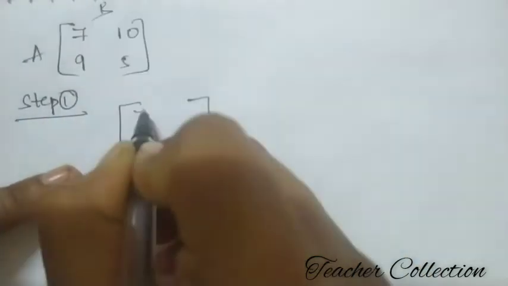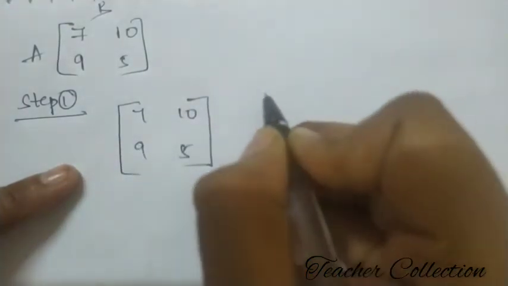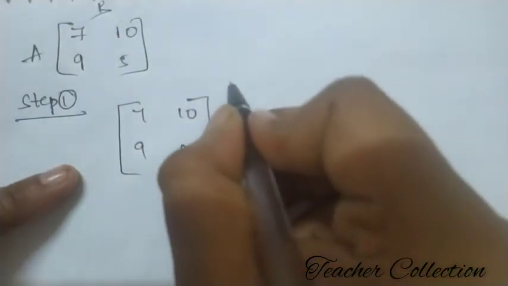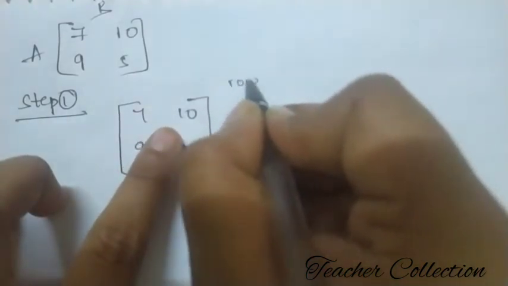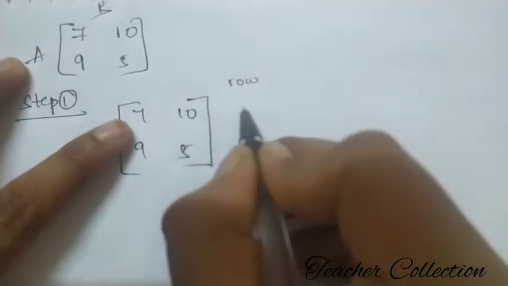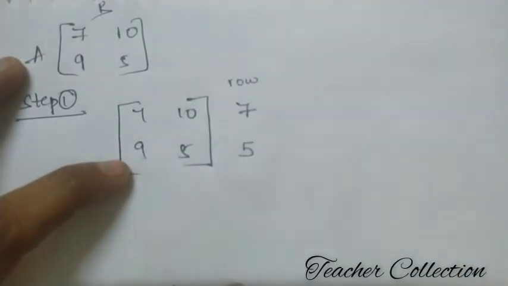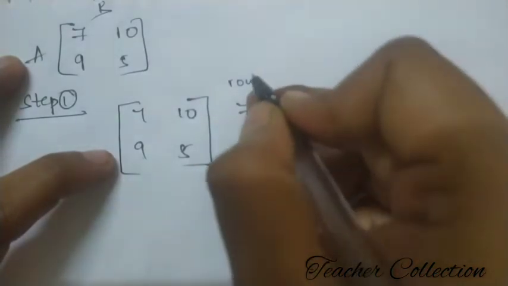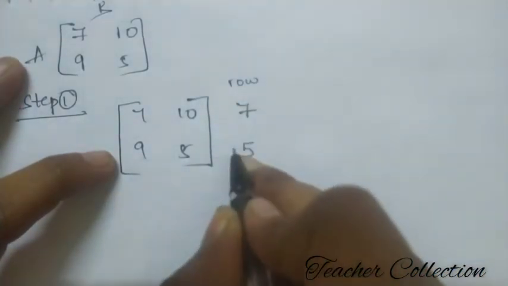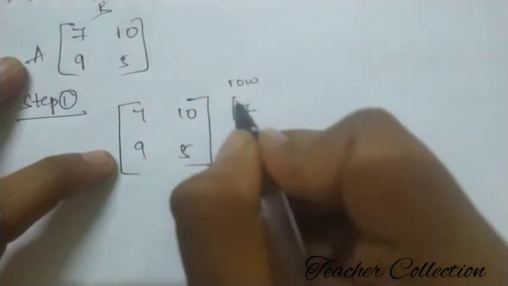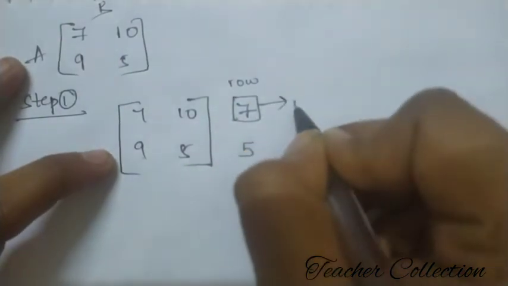Very simple. 7, 10, 9, 5. Here we will find the row minimum. In this, which one is smallest? 7. And in this, which one is smallest? 5. This is the row minimum. From these two, which one is biggest? Maximum? 7. So this is maximin.